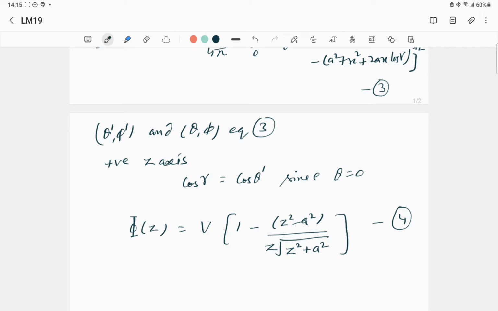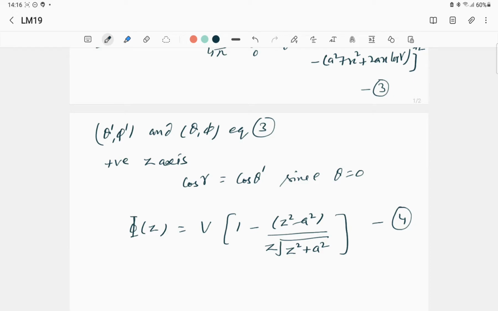We are considering the potential on the positive z-axis, so because theta equals 0, cos gamma just reduces to cos theta dash, and by solving the integration, the potential comes out to be phi of z is equal to V into 1 minus z square minus a square over z into under root of z square plus a square.